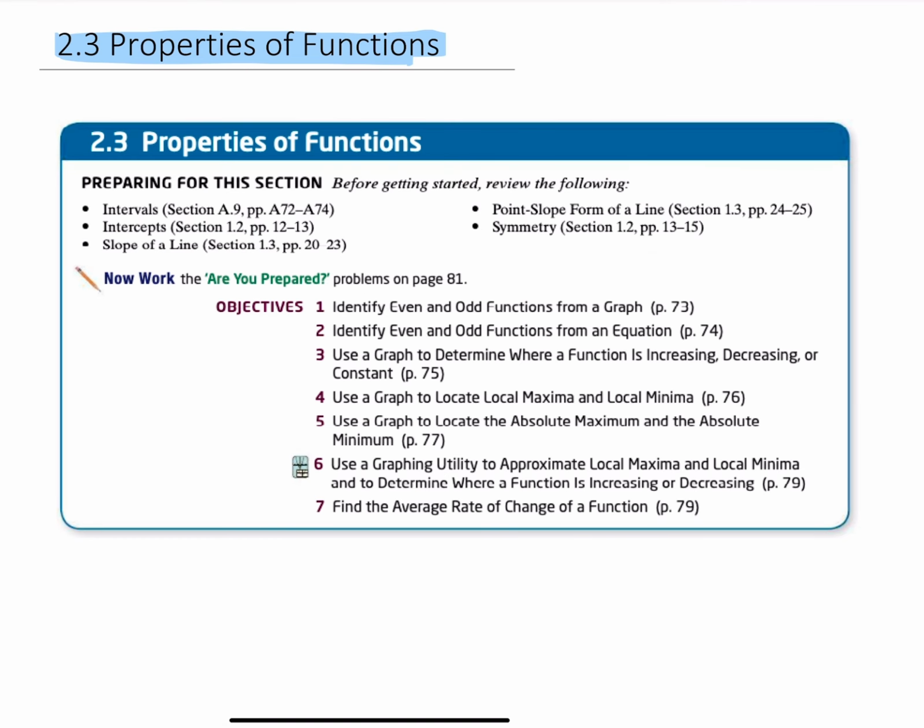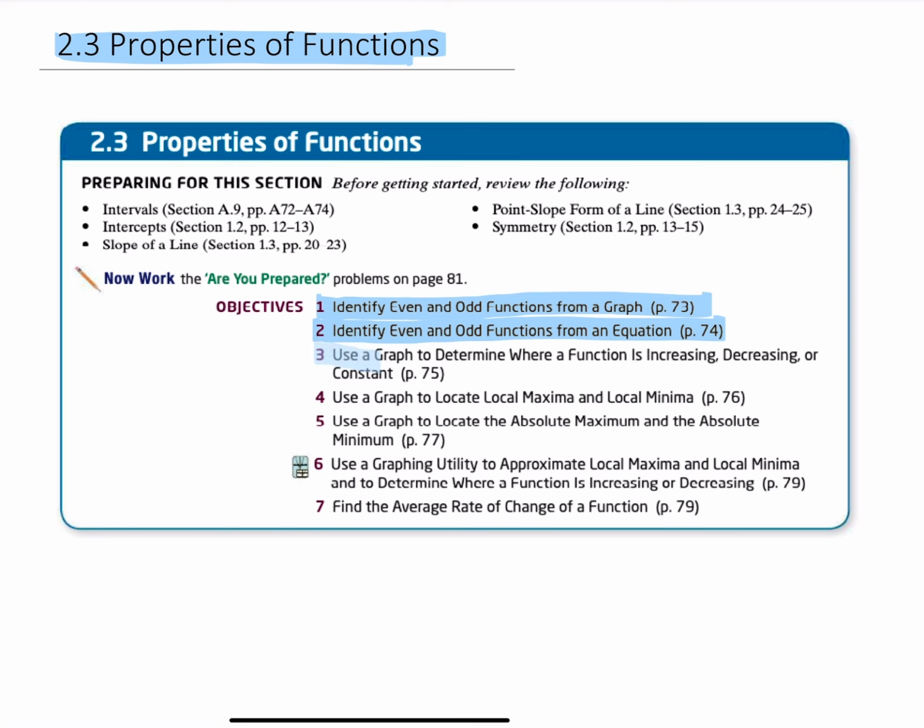All right, so that was 2.3. We've been exploring properties of functions. So we started off looking at if a function is even or odd. So that's a kind of symmetry. We can see it in terms of the graph or by plugging in -x into our function and simplifying. So that would be analytically using an equation.